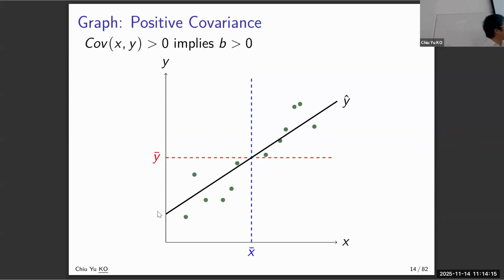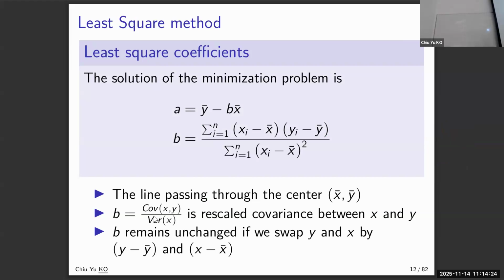If they are positively correlated, then B will be positive. Why? Look at the equation again. Look at B again. The denominator is the sum of the squares, so it must be positive. The numerator is covariance, right? So the sign of B is the sign of the covariance.